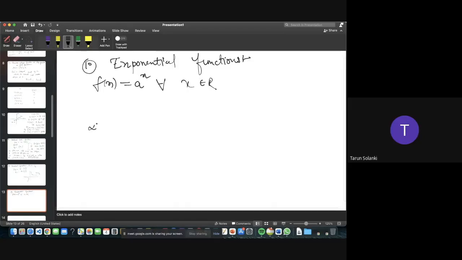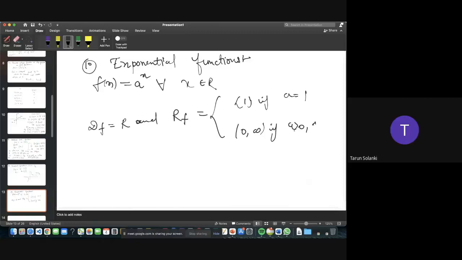So here we can say the domain is R, and the range of this function excludes 1 if a is equal to 1, and is 0 to infinity if a is greater than 0 and a is not equal to 1, right?